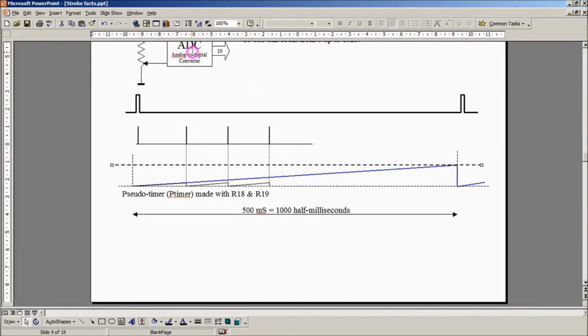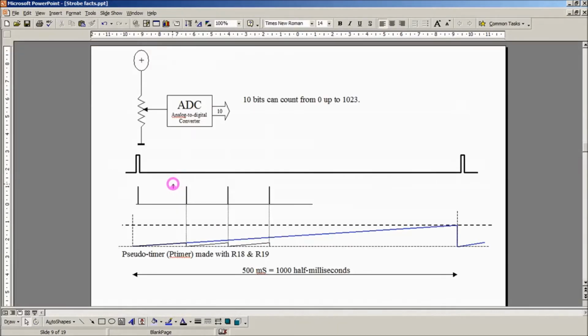If we use the value from the ADC as this line here, which is the limit to which the pseudo timer must count in the allotted period, then at its slowest, when the pot is set right down, it will count up to 1,000 in 500 milliseconds. In order to do that, it must be incremented once every half a millisecond.